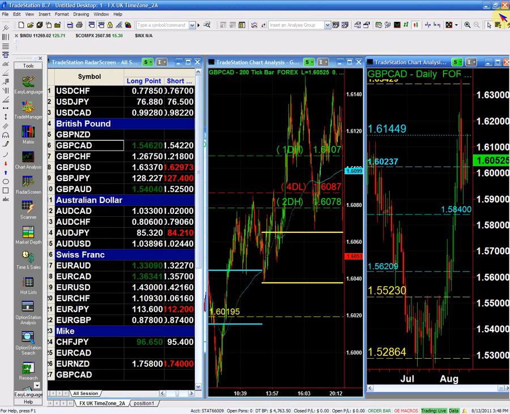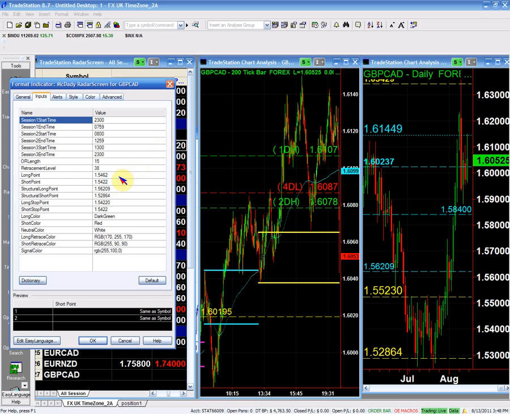So let's do that. So pound CAD, we're going only to go short below 160. And that is going to be our structure short.